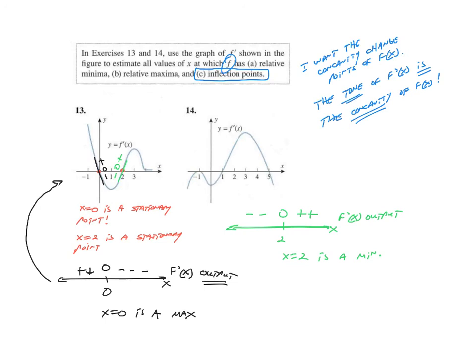Okay, so where the concavity changes on f, which would be our inflection points, is where the tone changes on f prime. Well, we know that tone changes at extrema.